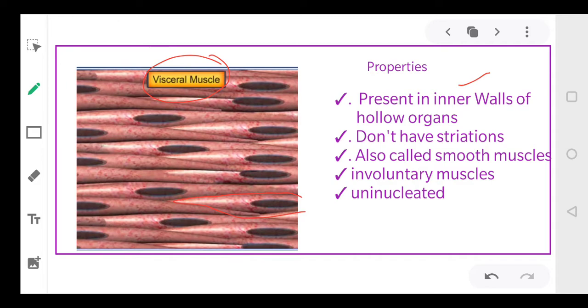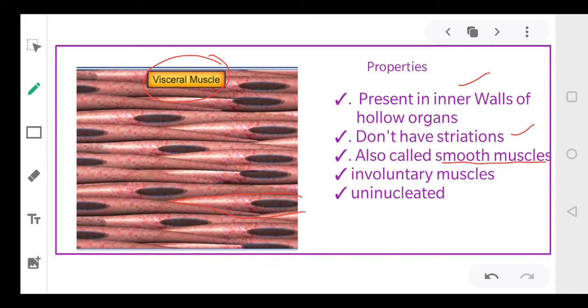They do not have any striations, meaning they do not have light and dark bands. So they are also called smooth muscles or non-striated muscles.